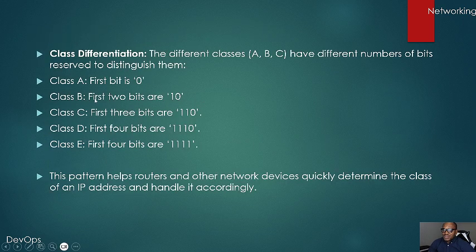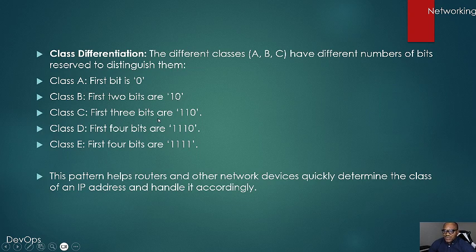I just made this summary here so that you can get it. The first bit of a Class A IP address is 0. The first 2 bits of the first octet in a Class B IP address are 1 and 0.